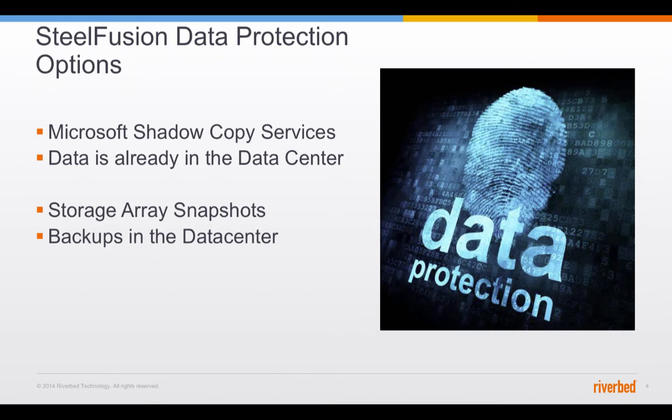Lastly, your traditional backup software does work. Every backup software using the VMware APIs for data protection will work with SteelFusion. We've tested Symantec, now Veritas, NetBackup, and Backup Exec.